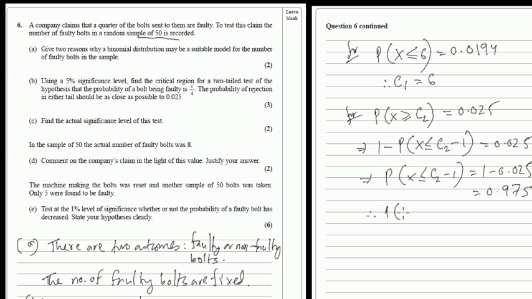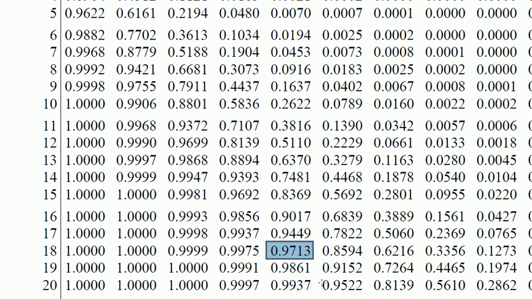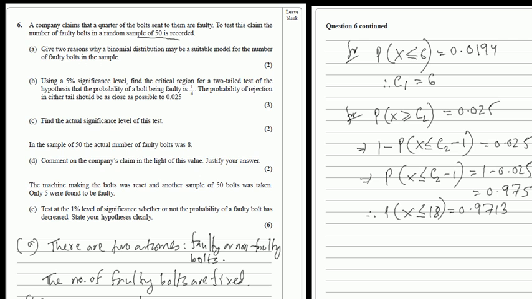We have 18 as a random variable. So therefore the probability of x is less than or equals to 18 is 0.9713. So that means C2 minus 1 is 18, therefore C2 is going to be 18 plus 1, 19.